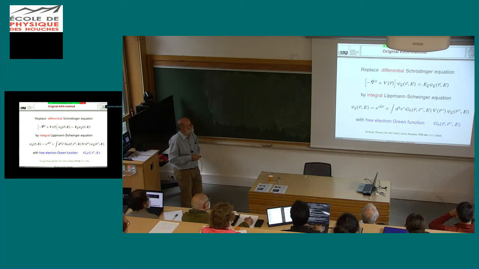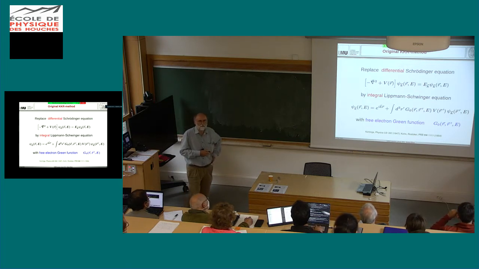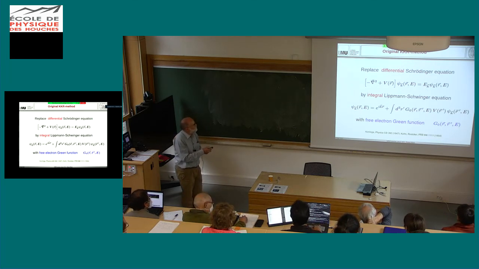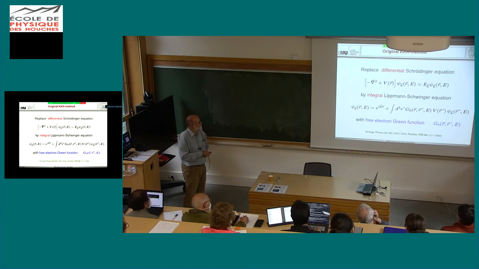And their aim was to solve the equation we have seen so far, once more given here, for the solid, by replacing the differential Schrödinger equation by another equation, namely an integral equation called Lippmann-Schwinger equation.